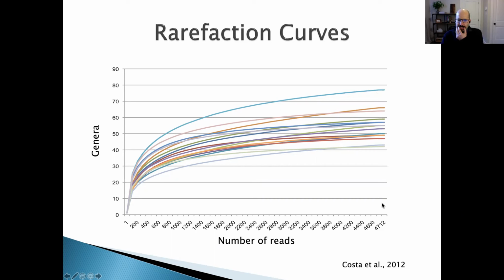And my question is, with this number of reads I found between 42 and 78 different genera. If I carry on analyzing DNA sequencing of those samples, am I going to find more species than that or not?